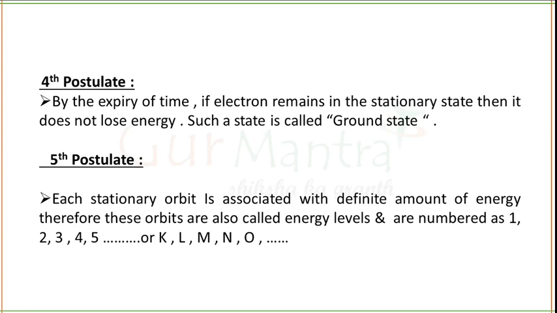Fifth postulate is about the naming of these different orbits. Each stationary orbit is associated with a definite amount of energy, means each orbit has some amount of energy. Therefore, these orbits are also called energy levels.